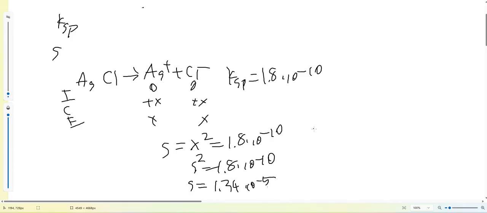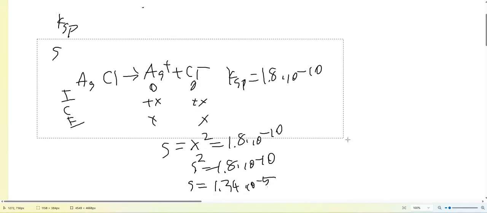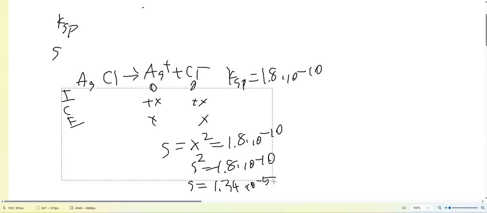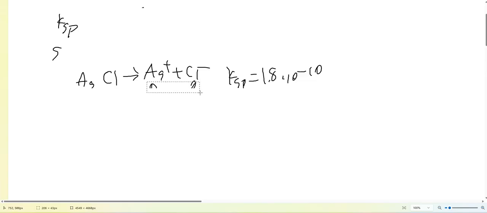And now we go on to something called the common ion effect. The common ion effect is really just a really convoluted way of saying Le Chatelier's principle. Because what the common ion effect says is that if you have a common ion in solution, the least soluble salt will precipitate out.